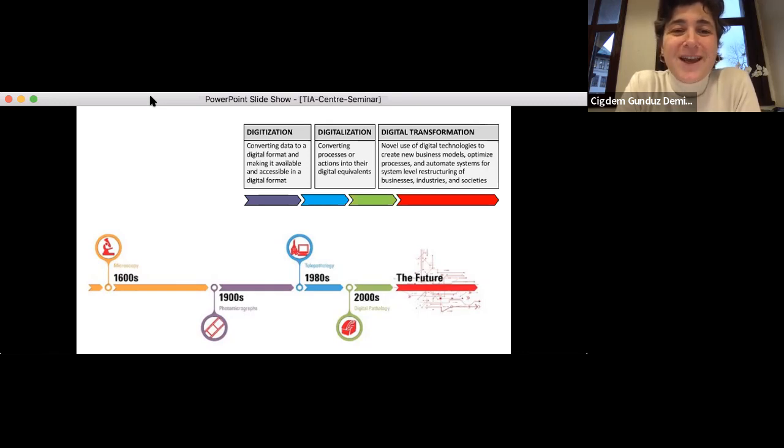We are not there yet, but we are all working on designing and implementing algorithms towards the goal of realizing digital transformation in pathology.